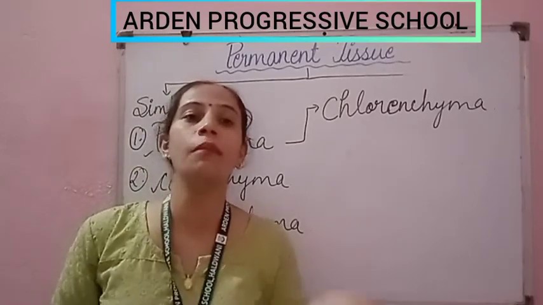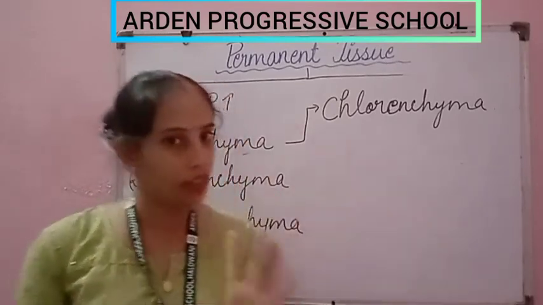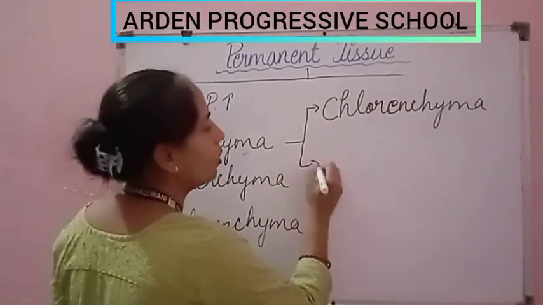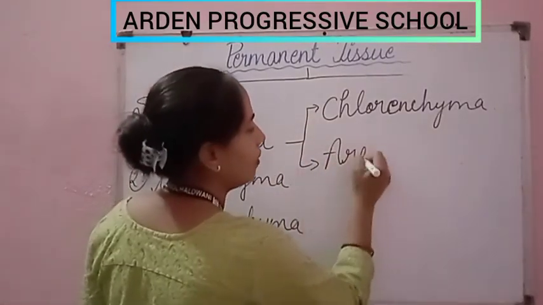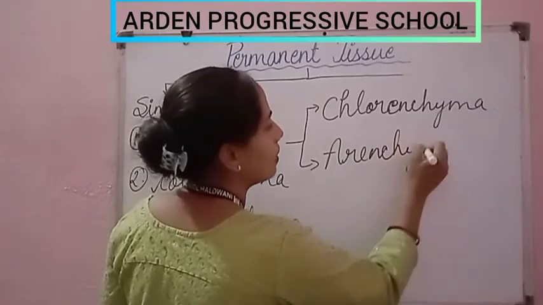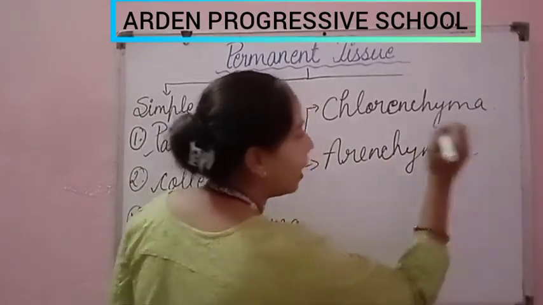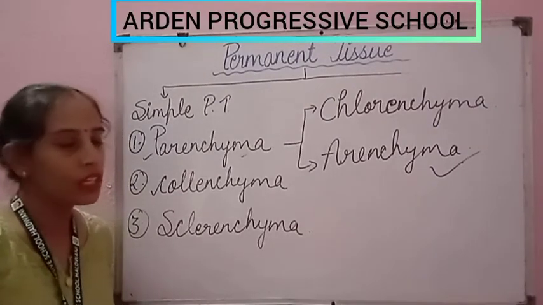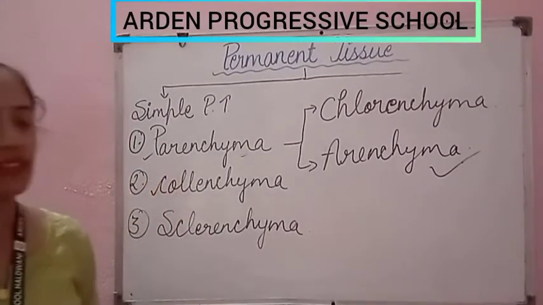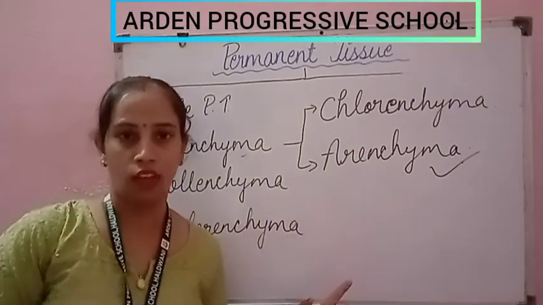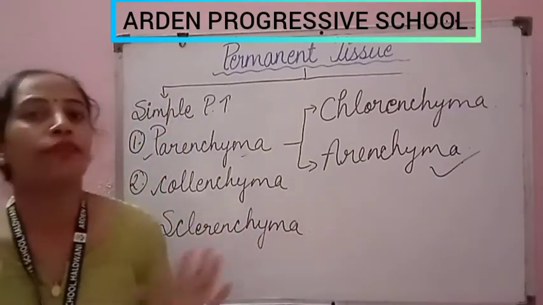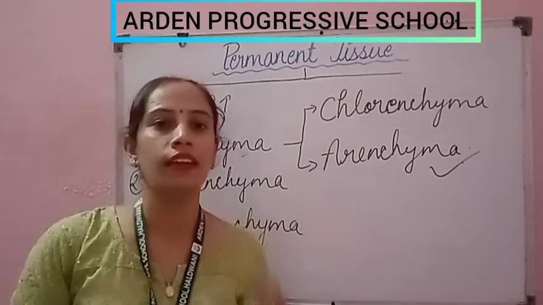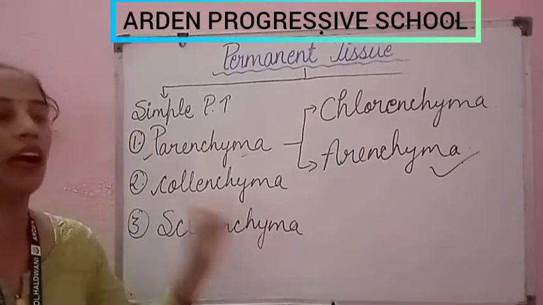So to maintain the buoyancy, at that time the parenchyma is known as aerenchyma, as there are large air cavities present. Clear? So the next is collenchyma. To maintain the flexibility of the cell, another tissue is there, that is the collenchyma.